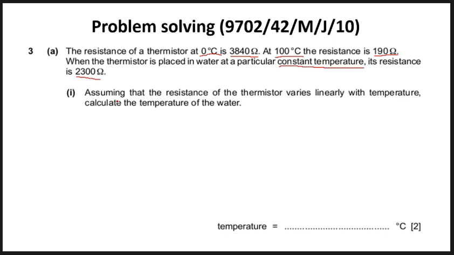Now, assuming that the resistance of the thermistor varies linearly with temperature, calculate the temperature of the water. Our answer is expected to be in Celsius.